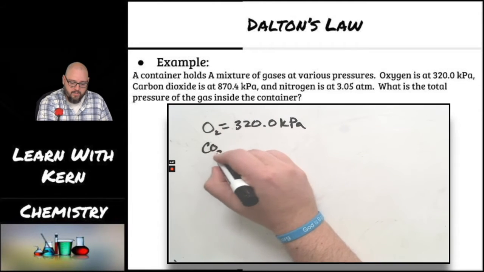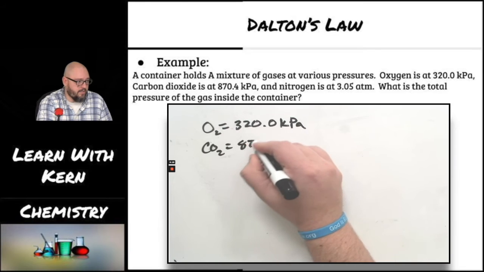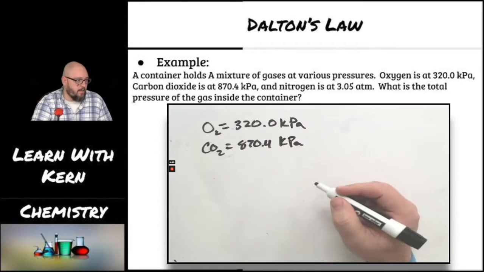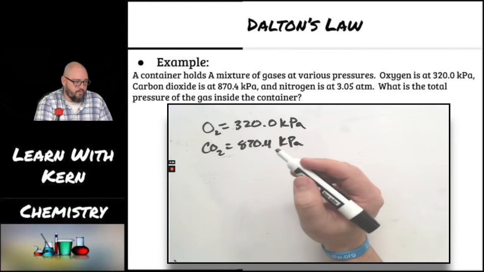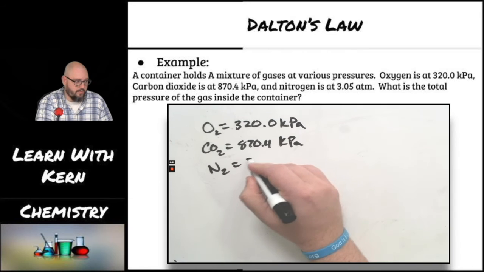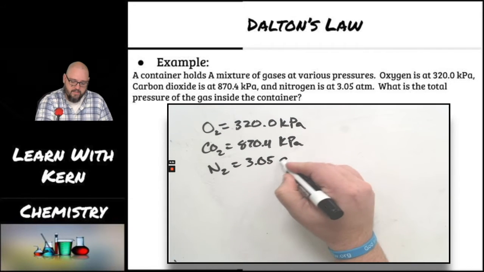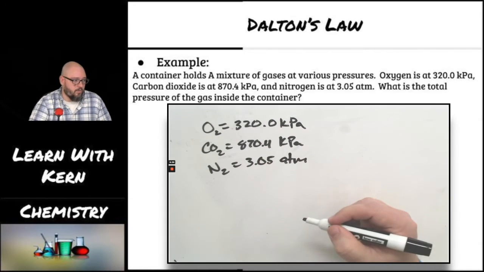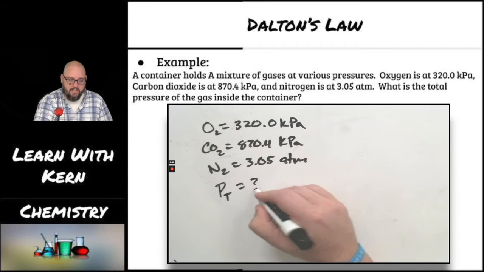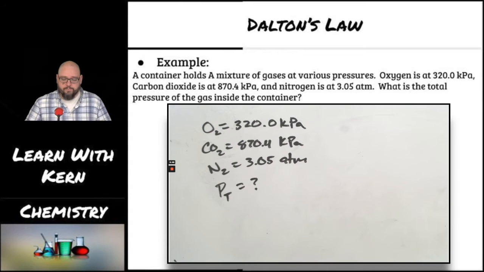And nitrogen is at 3.05 atmospheres. What is the total pressure? So my P total is what I'm looking for.